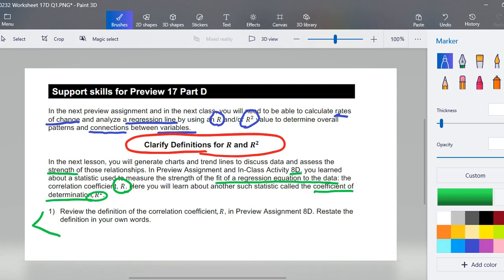So question 1 asks you to review the definition of correlation coefficient, which is R, and then restate the definition in your own words. So this is a great time to hit pause, go do questions 1, 2, and 3, and then come back and we can work through the rest of them together.